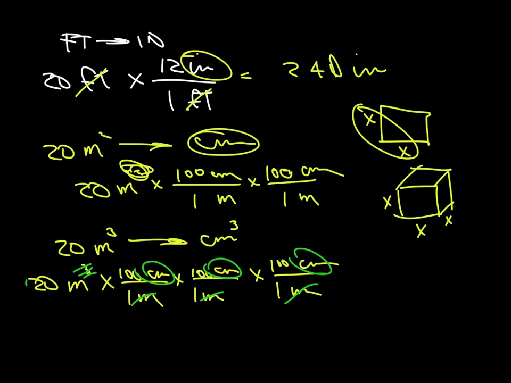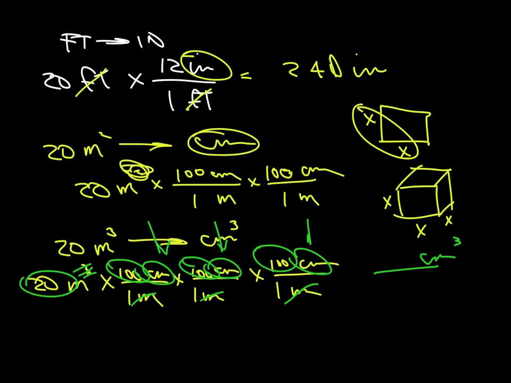So when you multiply 20 times 100 times 100 times 100, you get some big number, and you have 3 centimeters here that you're putting, so it's going to be cubed. Okay, so we've done all that.